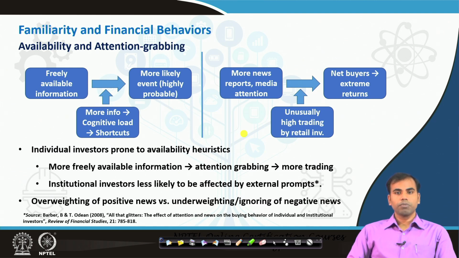And the moment you have more information, this increases the cognitive load on your decision making process, and you tend to find shortcuts, or you start finding heuristics which will help you manage your decision making process. And eventually you are more likely to take decisions based on information that is highly probable, or the information which is coming again and again.